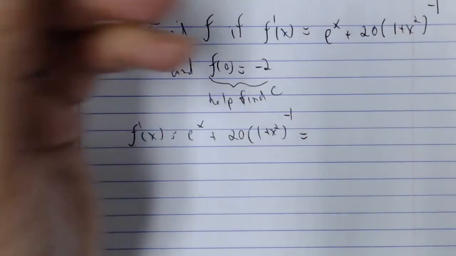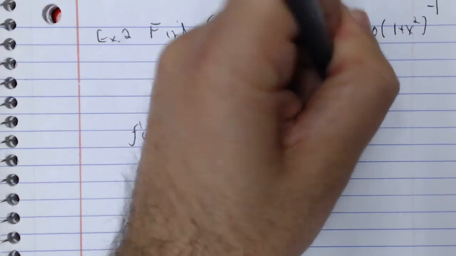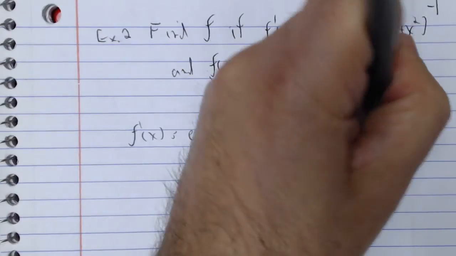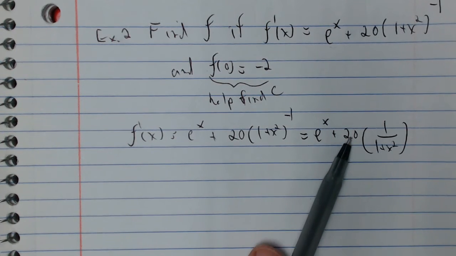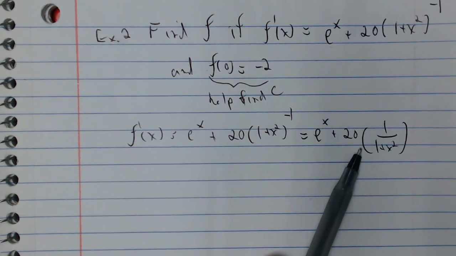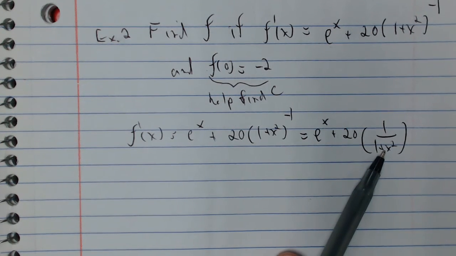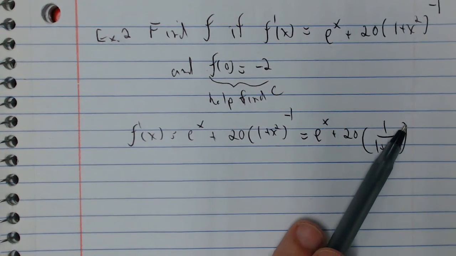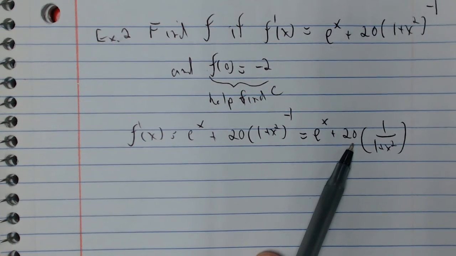So what I could do is rewrite this as e to the x plus 20 times 1 over 1 plus x squared. Now, hopefully, this antiderivative looks familiar for you guys. This is the derivative of tangent inverse. So the antiderivative of this would be tangent inverse. Now remember, constants we don't care about. They just tag along.